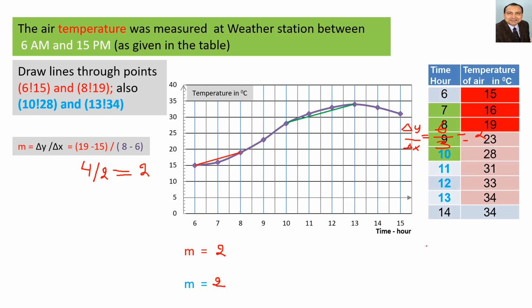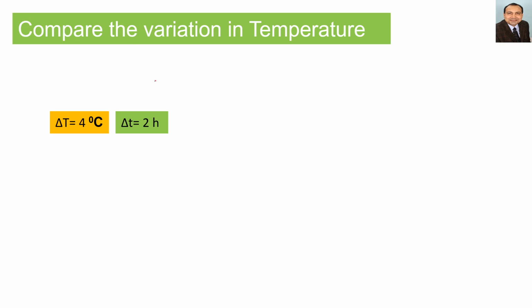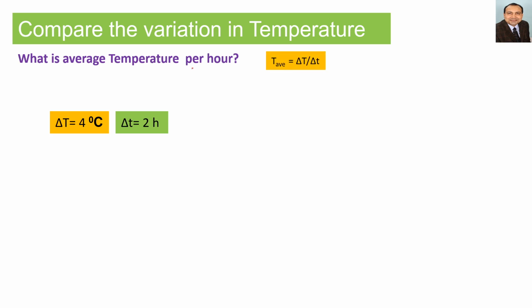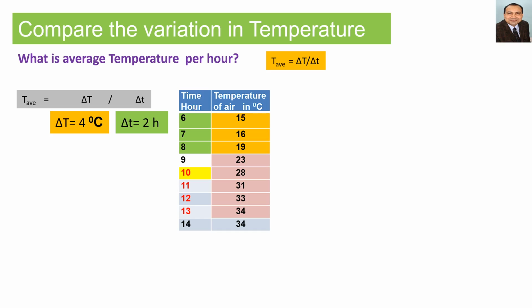Here is the table. From the table you can also calculate the same things. Compare the variation in temperature. What is the average temperature change per hour? T average is delta T, the change in temperature. So from the table, delta T is 19 minus 15 is 4.